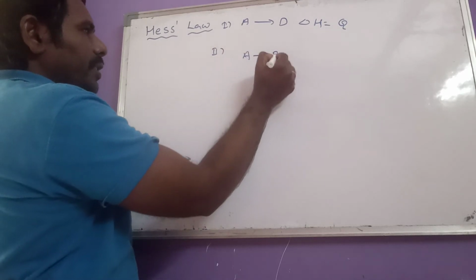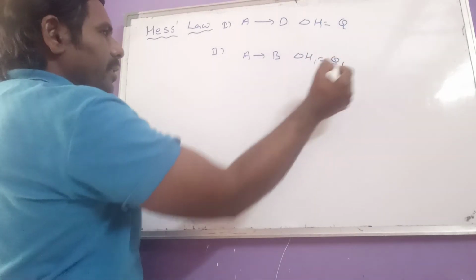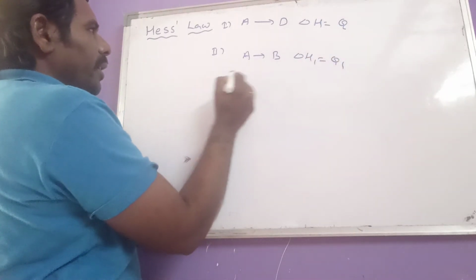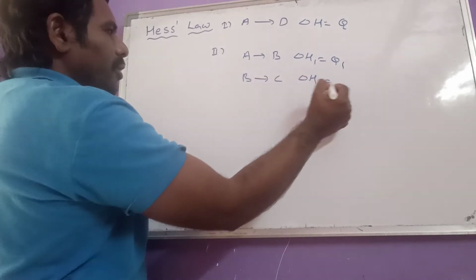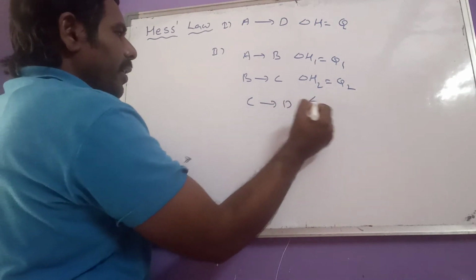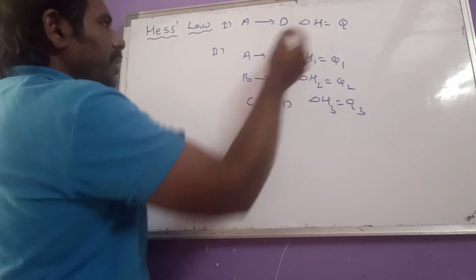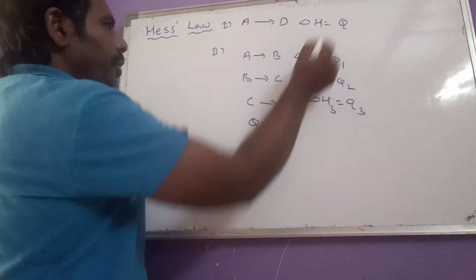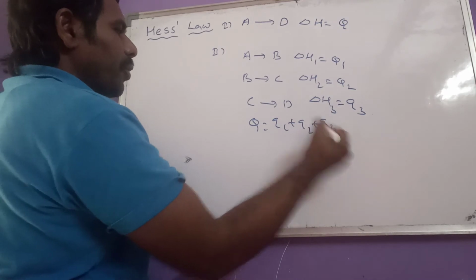That means in first step A gives B, delta H1 equals Q1. In second step, B gives C, delta H2 equals Q2, and C gives D, delta H3 equals Q3. And as per Hess law, Q equals Q1 plus Q2 plus Q3.